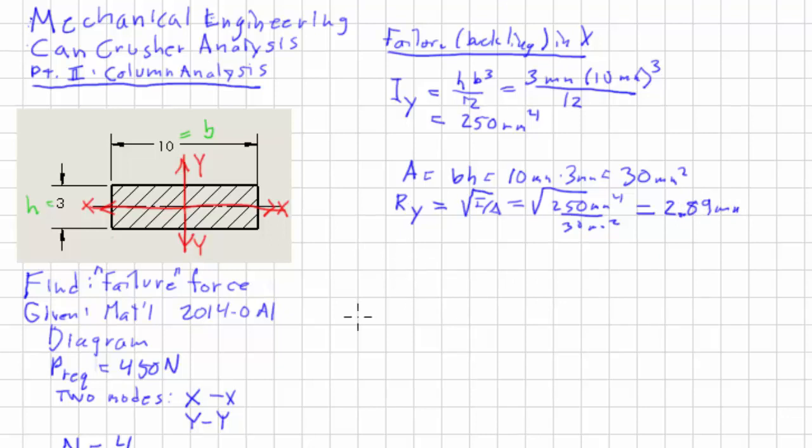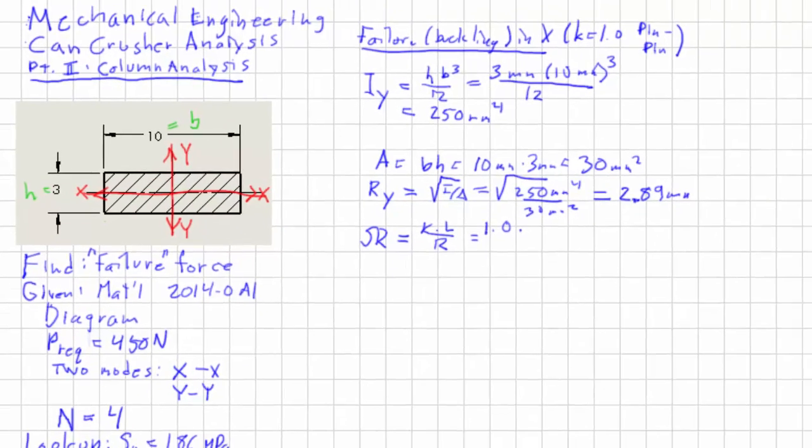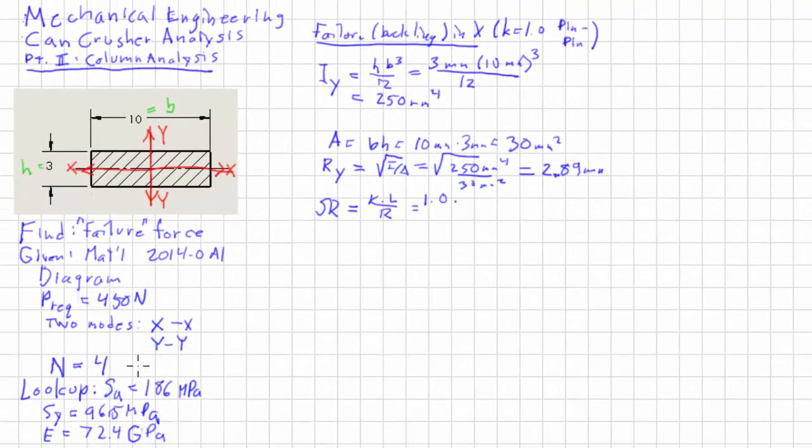Okay, next, we built this up to the slenderness ratio. This is key here. So our slenderness ratio is K times L over R. Now our K, should have mentioned that, K is 1.0 because it's pinned. That gives us 1.0 times L. L is another given we did not mention here.